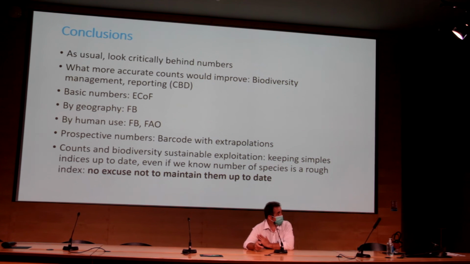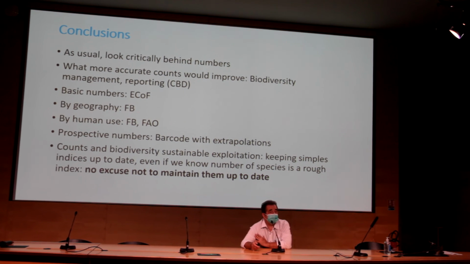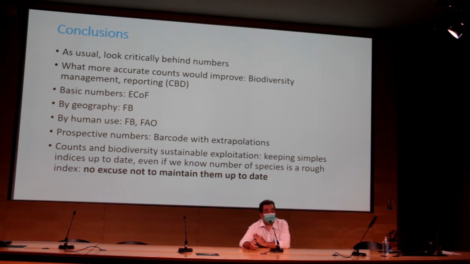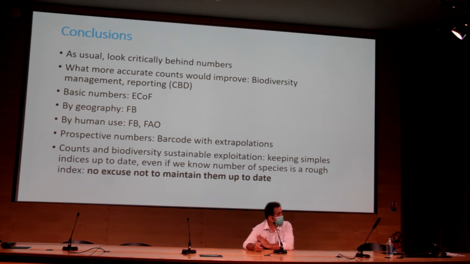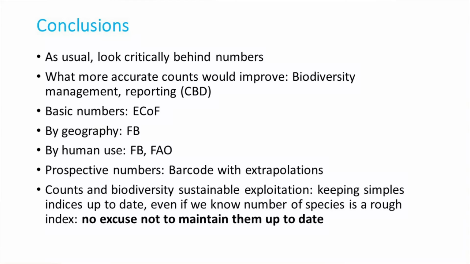So conclusions, as usual, look critically to numbers and don't use them just like that. Try to understand what is behind this number. Hopefully, having more accurate data may improve biodiversity management, and also the reporting will be more explicit about this number.